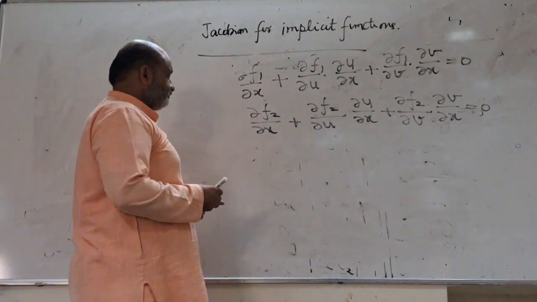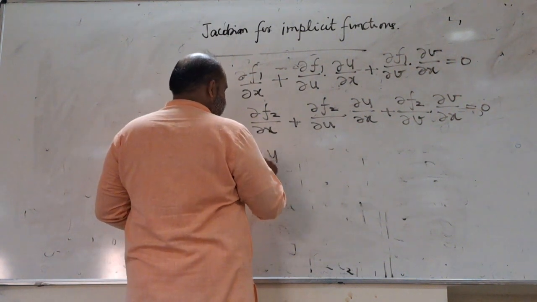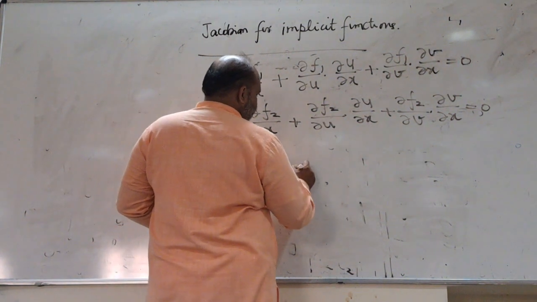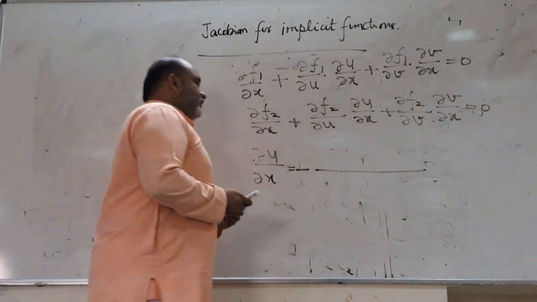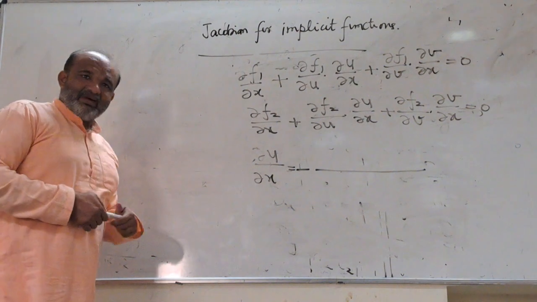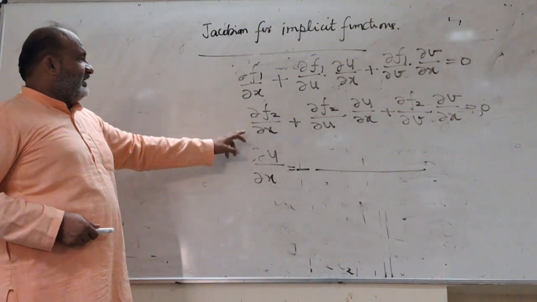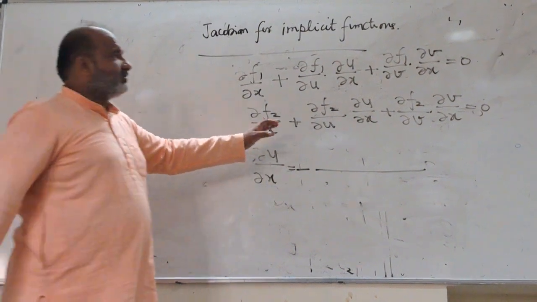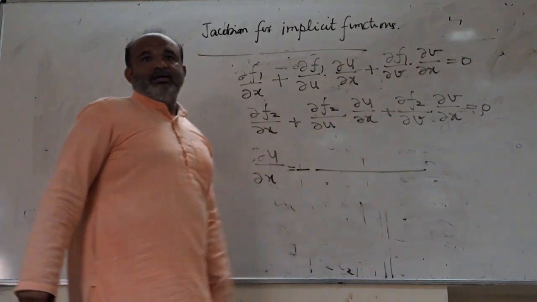So applying Cramer's rule, what will be the expression for del u over del x? This is equal to minus, because whenever you have del f1 over del x and del f2 over del x, to the right hand side the minus sign will be carried.